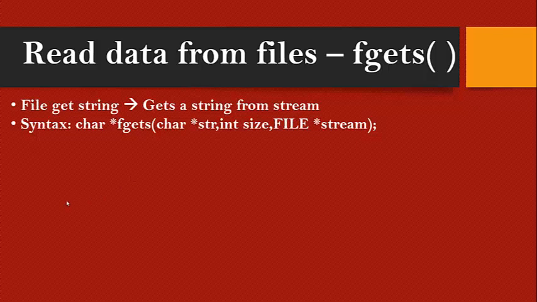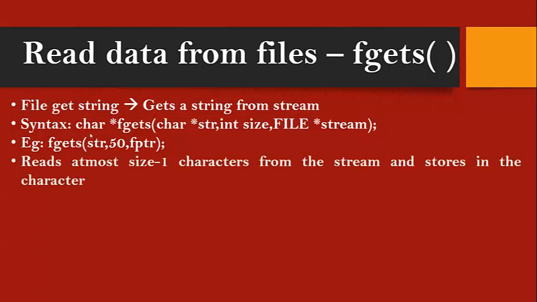In the example, I am calling the function fgets and passing the character array, and here I have mentioned the size, 50. This means how many characters this function can get through the stream and store in the character array. It is going to read at most size minus 1 characters. So if I declare the size as 50, it can read a maximum of 49 characters from the stream and store them in the array.